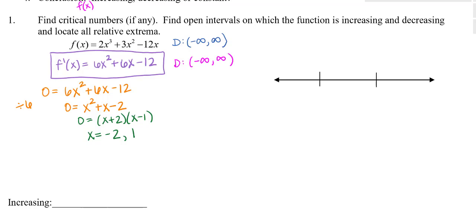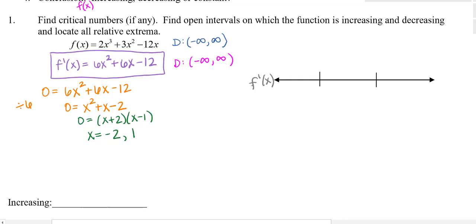So I'm going to go over to my number line now that I drew, and I'm going to label it first and foremost f prime, because that's going to tell us that our conclusions are first derivative conclusions: increasing, decreasing, and potentially constant.